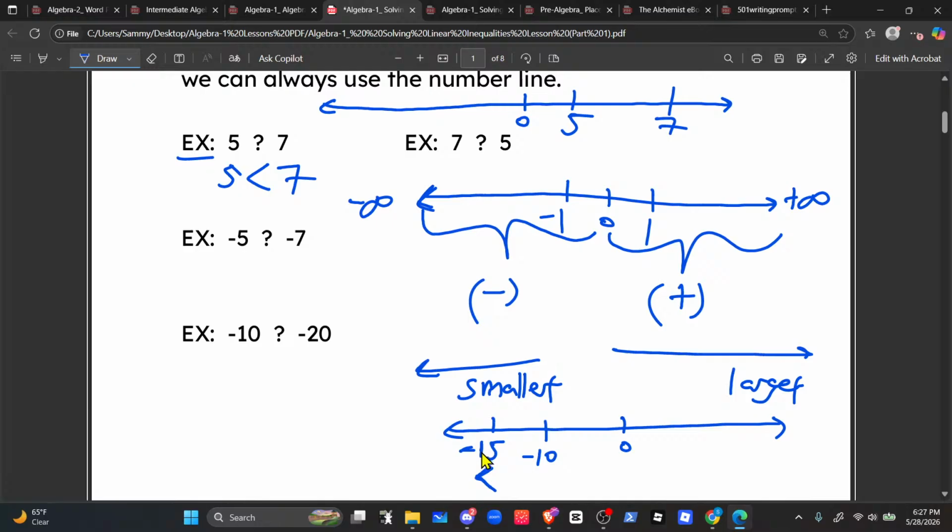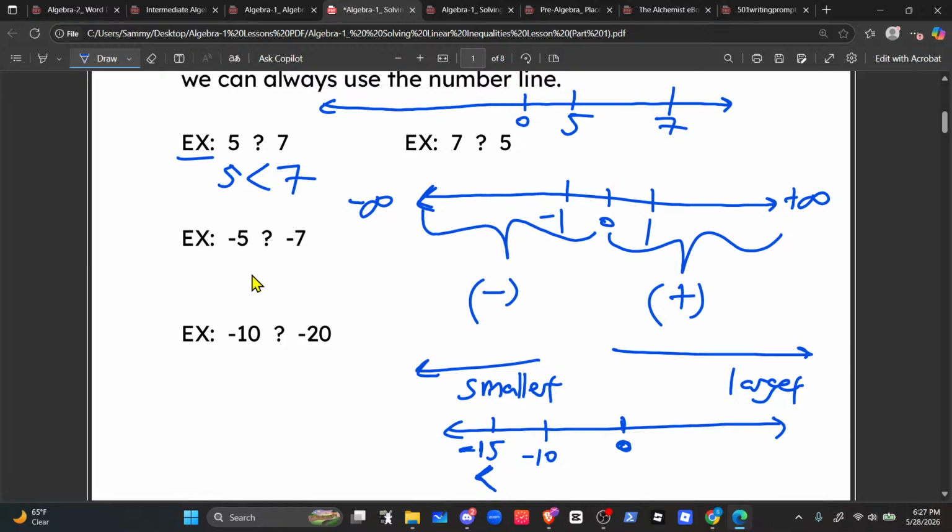But you might be confused by the fact that 15 itself, in other words, the absolute value of -15, looks like it's larger than the absolute value of -10, right? 15 itself is obviously larger than 10, but it's a negative, okay? And when you're in negative number land, in other words, if you're to the left of 0, you have to reverse your thinking. The larger the numbers get towards negative infinity, the smaller your numbers are actually getting.